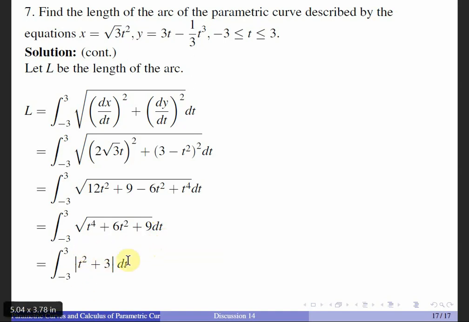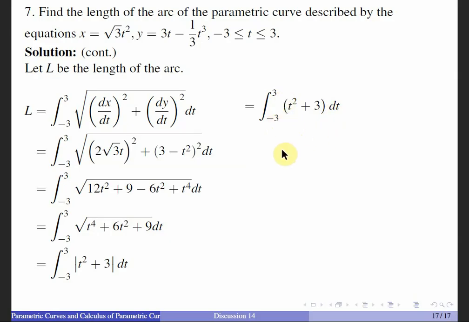And since the expression is composed of a squared number and a positive number, then definitely t squared plus 3 is always non-negative for any number in this interval. So that means that when I evaluate the absolute value, it's always positive, so I can just get rid of the absolute value. So you have the integral of t squared plus 3 dt evaluated from negative 3 to 3.